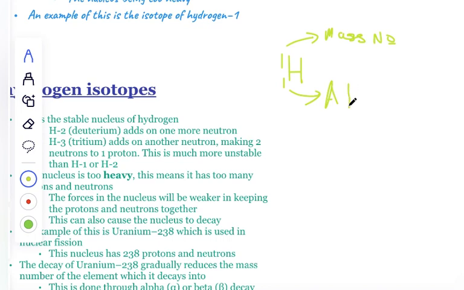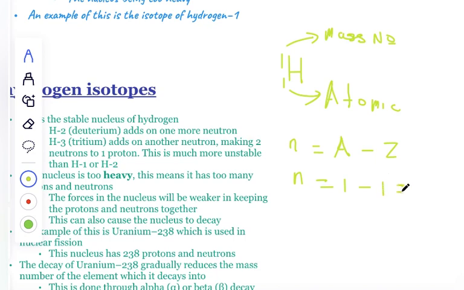So to find the neutron, the number of neutrons is always the mass number minus the atomic number, or minus the number of protons. If I want to find small n, the number of neutrons, the mass is represented by letter A and the atomic number by letter Z. So the mass minus the atomic number gives the number of neutrons. Here the mass is 1 minus the atomic number, which is also 1, so we get 0 for neutron.